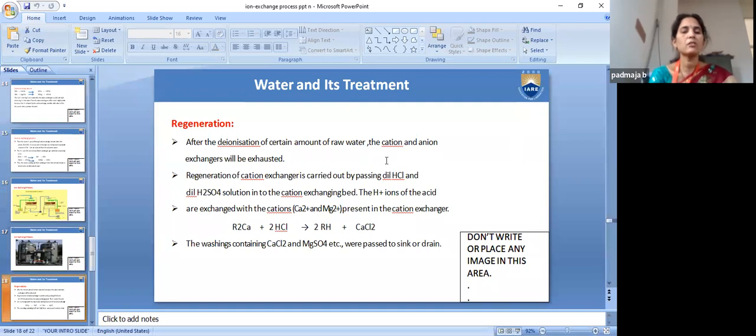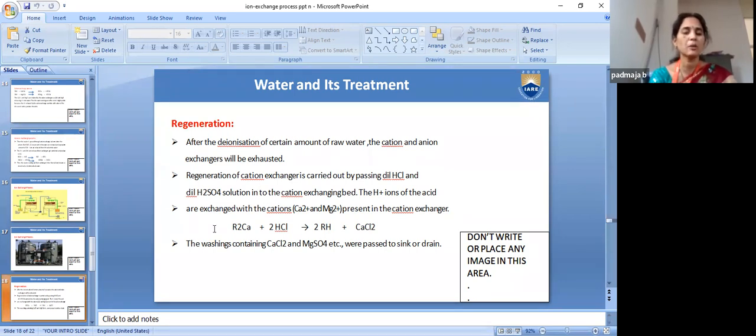So the cation and anion exchangers are completely in an exhausted position, which means we cannot go for the purification process. So we go for regeneration, where we pass dilute HCl or dilute H2SO4 solution into the cation exchanger bed.